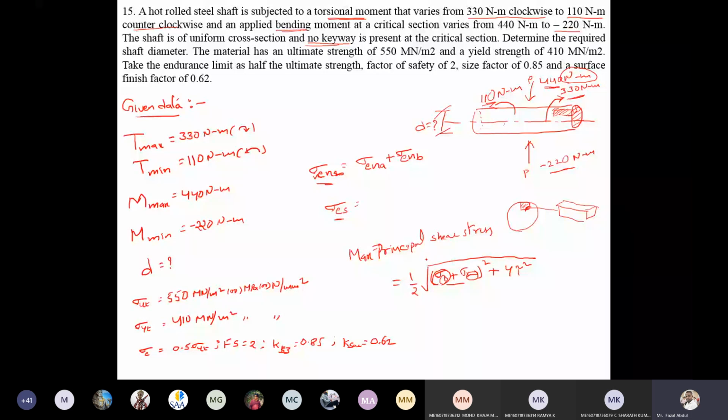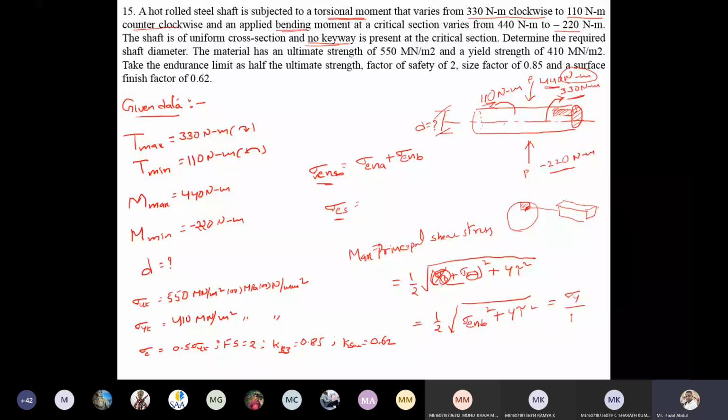So this equation is going to change as 1 by 2 square root of sigma equivalent normal stress due to bending square plus 4 shear square. This is the equation, maximum principal stress theory. According to this theory, the maximum principal stress is always equal to yield strength by factor of safety.